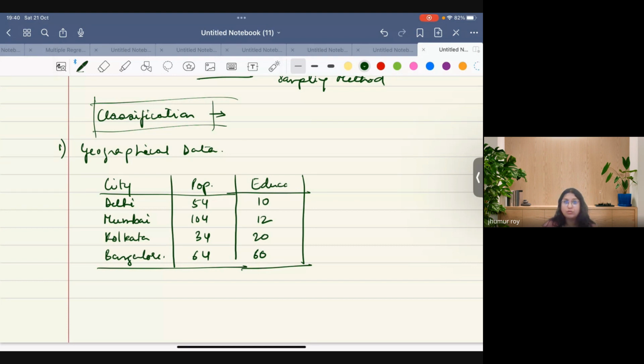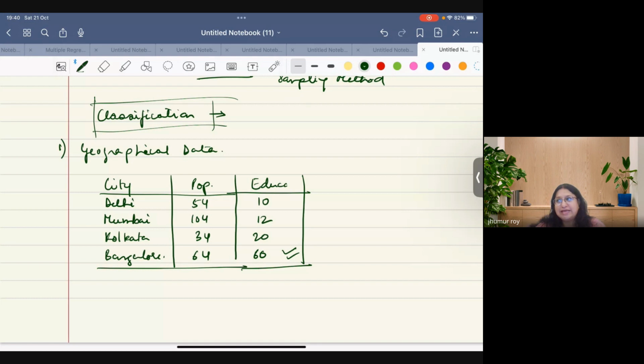So now just looking at the table only, you can say that the closest relationship between population and education is in Bangalore city.